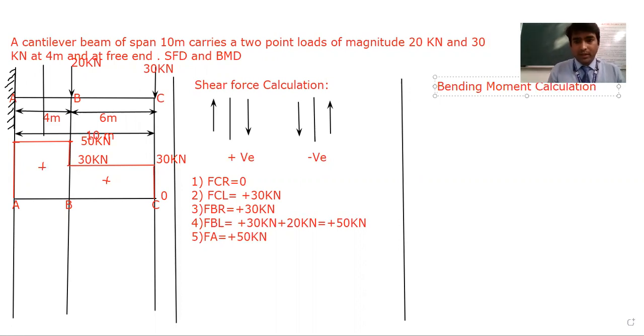How is the bending moment calculation considered? In this case also there is a sign convention. Consider this is the x axis and this one is also the x axis.